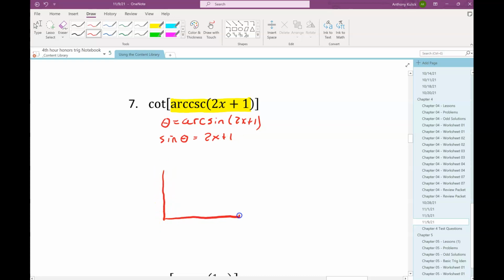So I'm going to draw a right triangle. I'm going to label one of the acute angles theta. And I know that sine is opposite over hypotenuse. So I'm going to label the opposite side 2x plus 1 and the hypotenuse 1.